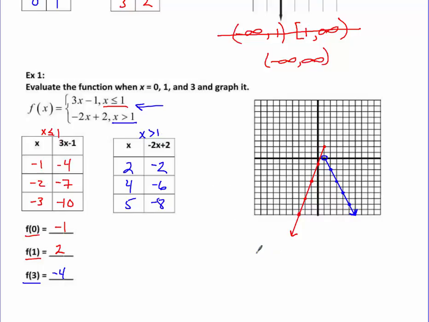So we go from negative infinity to 1, include 1 right here, and then we start right back up at 1 again, but we don't include it and go to positive infinity. So again, that's what's happening, but our domain is actually negative infinity to infinity because there's nowhere in this graph that we don't include the 1.